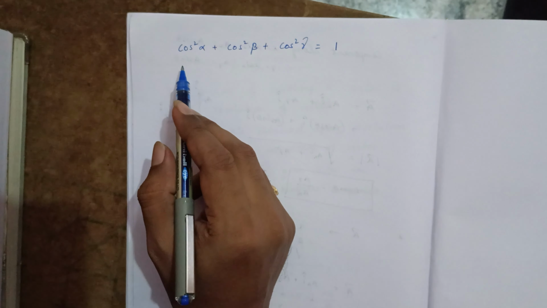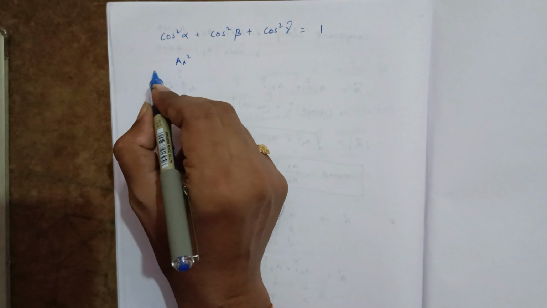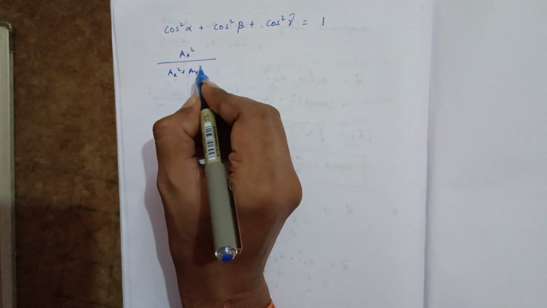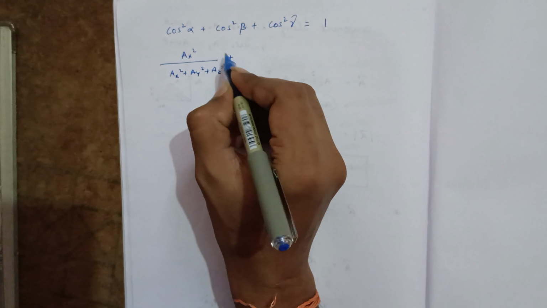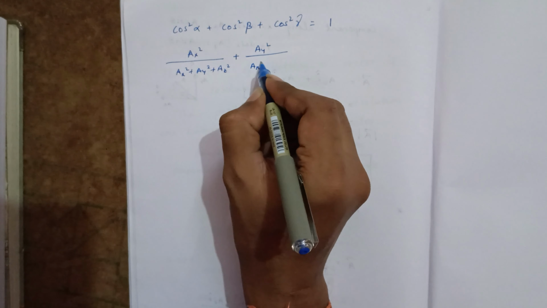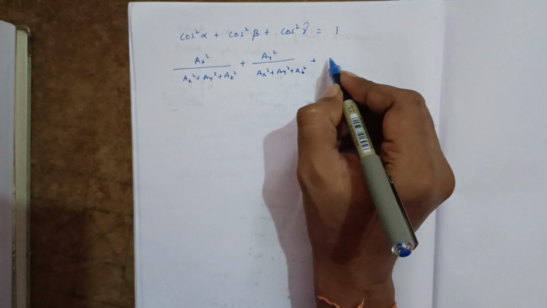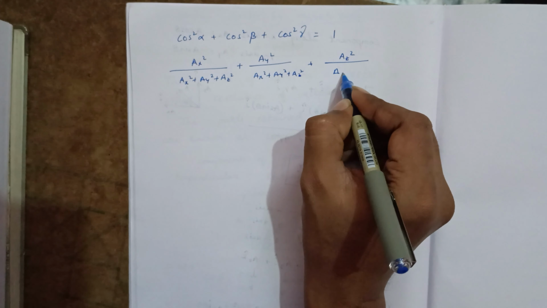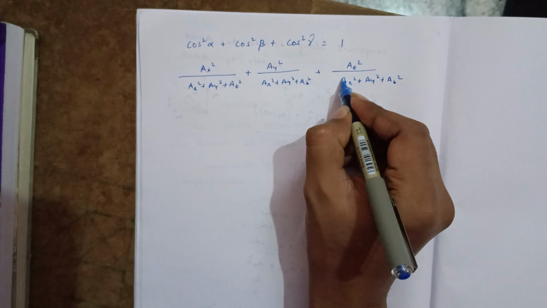Cos square alpha means ax square by ax square plus ay square plus az square, the square and root cancel, plus cos square beta, ay square by the same ax square plus ay square plus az square, plus cos square gamma, az square by ax square plus ay square plus az square.